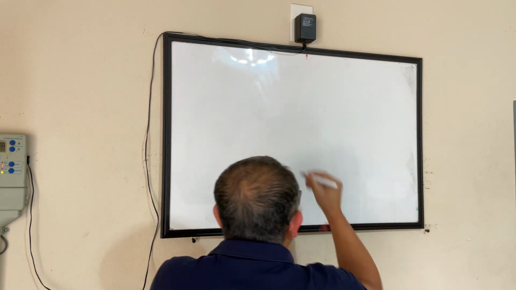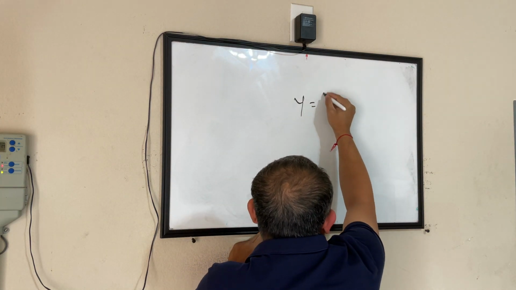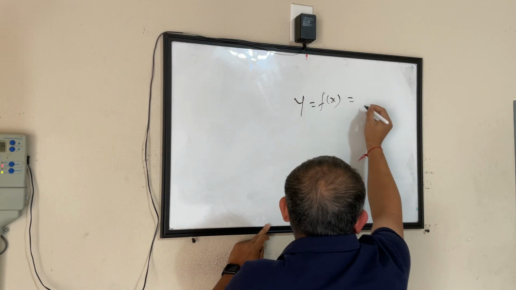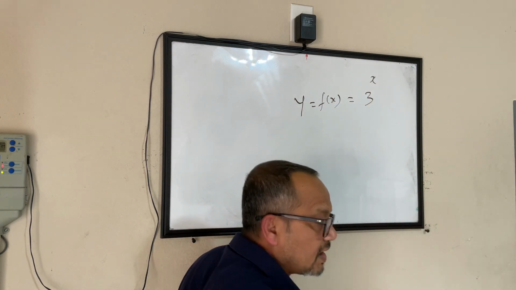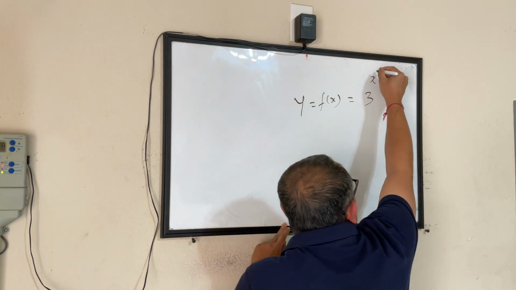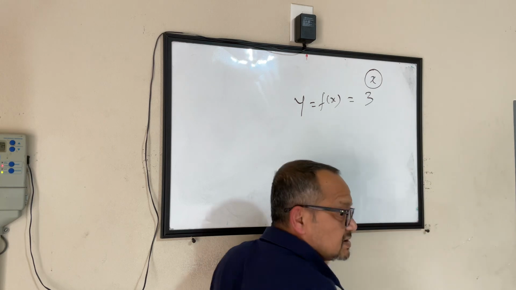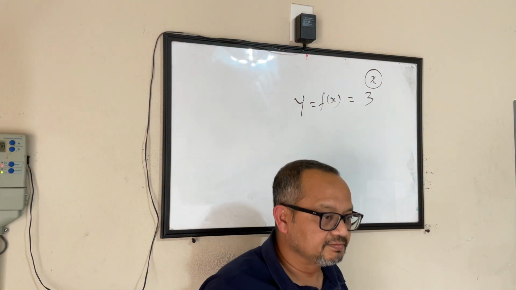So if I'm talking about y as a function of x, which is equal to, let's say, 3 to the power x, this is an example of an exponential function because one of the variables in this equation is actually the exponent.